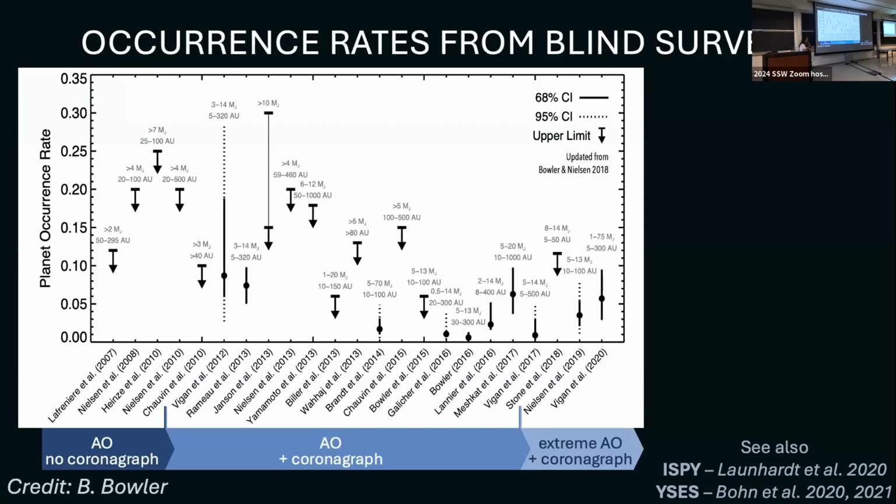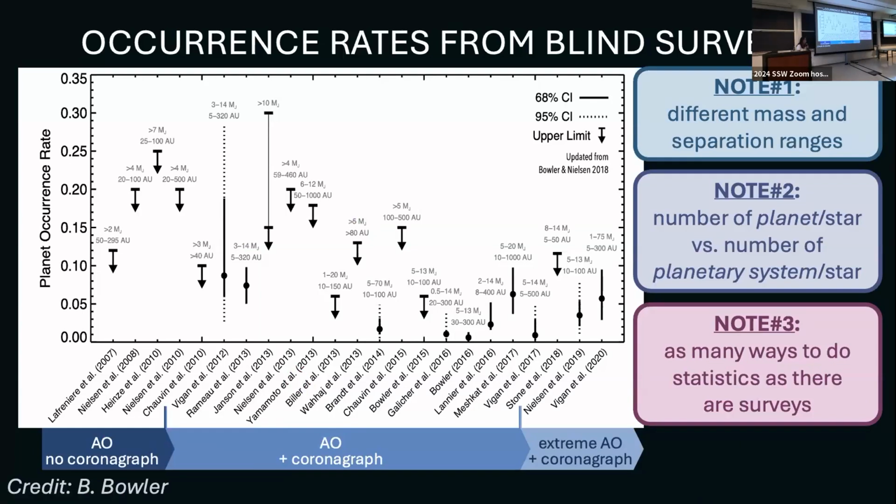which is that you have to be really, really careful when you try to compare these numbers. And that's for multiple different reasons. The first one is that occurrence rate only means something over a specific range of masses and separation. If I say that stars have a frequency f of planets around them, I have to define what sort of planets I'm talking about.